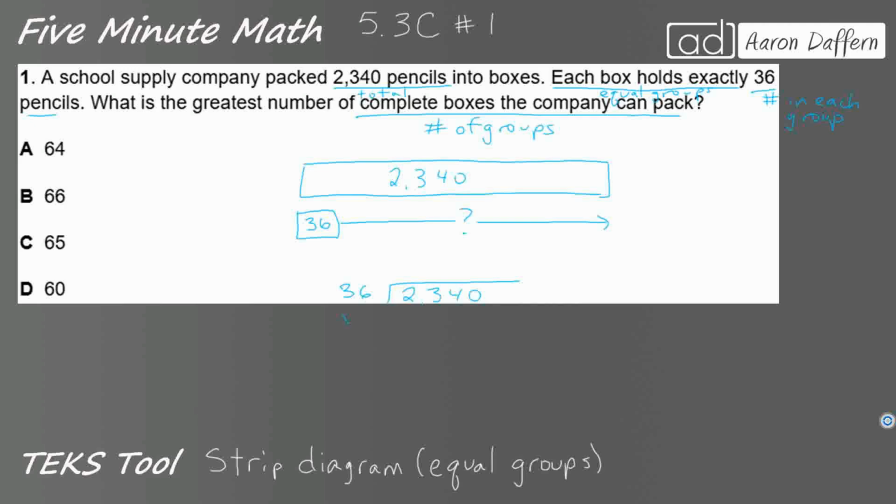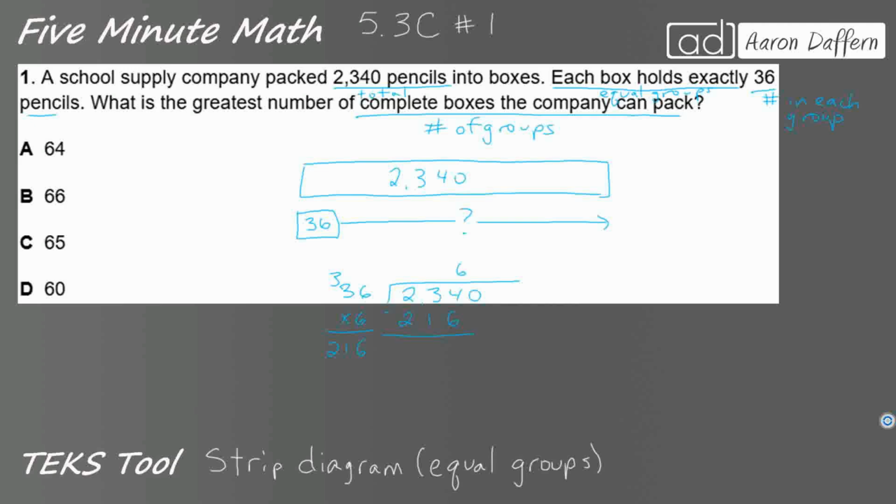Let's try a 6. Let's figure out what that 6 is. 36 times 6 is 216. So 216 is going to be as close as we can get. Sometimes if you don't have the answer choices to choose from, you're just going to have to guess and check a little bit to figure out how much 36 can go into 234.